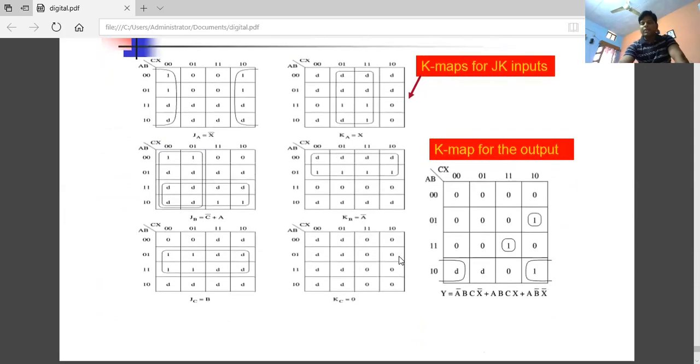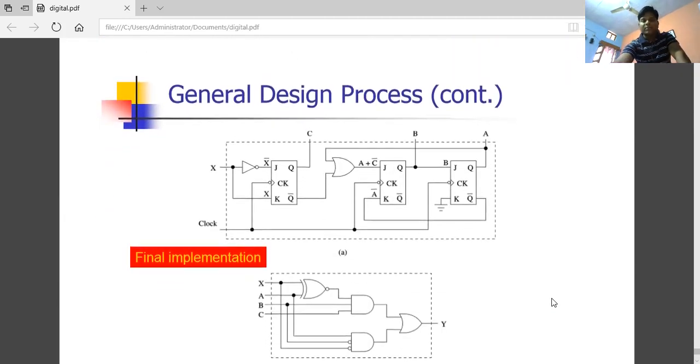So we draw the K-map solution here. We put the ones; there is only one pair and a single term. The equation is A dash B C X dash plus A B C X plus A B dash X dash. So we have found all the expressions, and now we have to draw the 3 flip-flops, 1, 2 and 3.